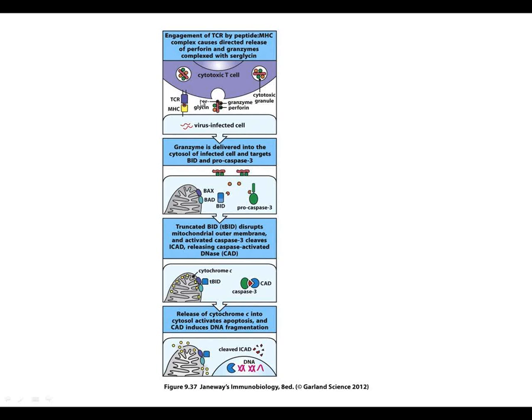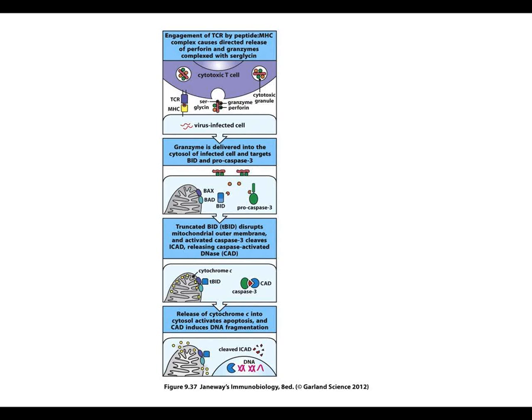So there's a couple other things like serglycin, which is really a scaffolding to hold these things together during delivery. But once it's delivered, the granzyme is going to start this caspase cascade, which we've talked about before. So apoptosis in this situation is mediated through a cascade of caspases.